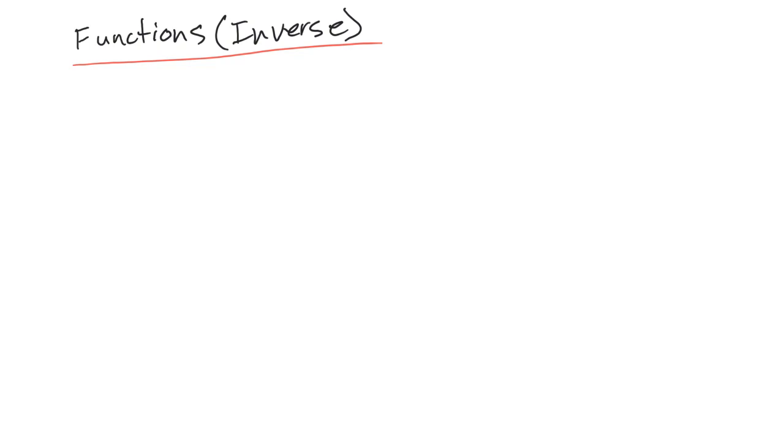Okay, so the first thing I have to teach you is the concept of what it means to be one-to-one and not one-to-one. So like before, when we had the vertical line test to see if something was a function or not, we have something for a thing called one-to-one.